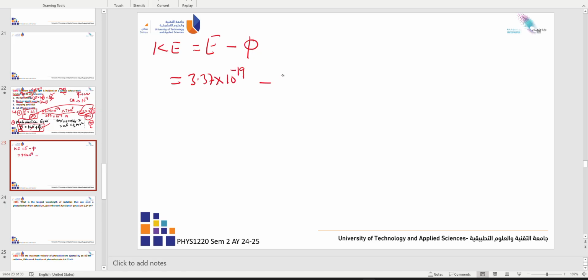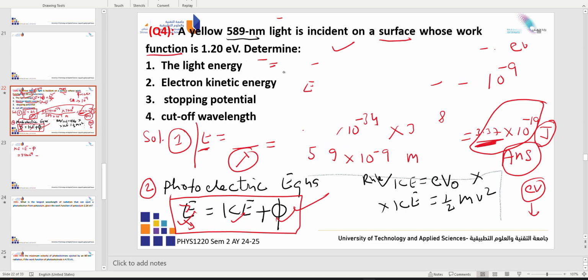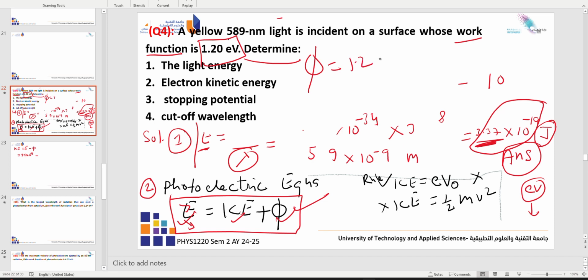Now the value of the work function. If you see here in the question, the value of the work function phi is given in the unit of electron volt, this is 1.2 electron volt.